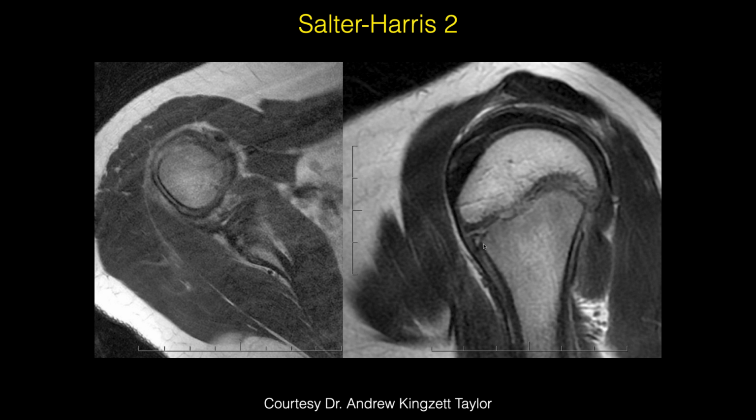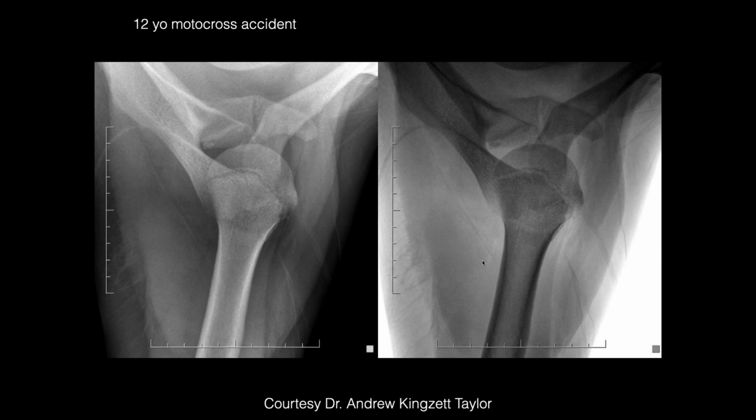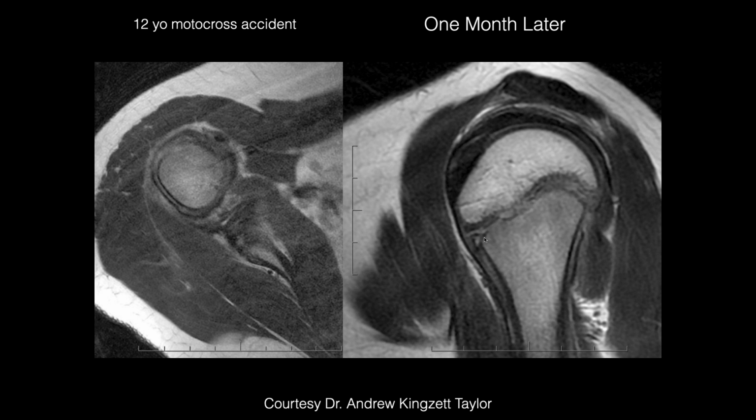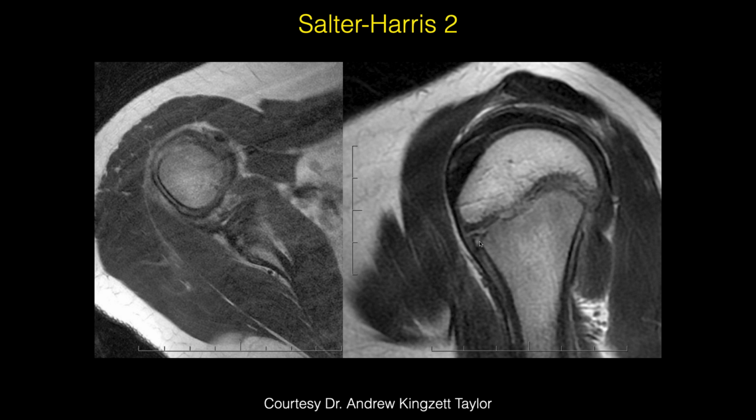And this was a Salter-Harris 2, where there's a little fracture through here. How about the periosteum there too? Yeah, there's periosteal thickening here as well. Right, so it's a healing process. So this was a Salter 2 coming up over through here.